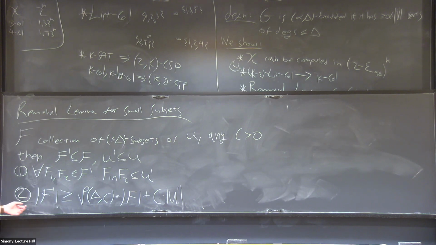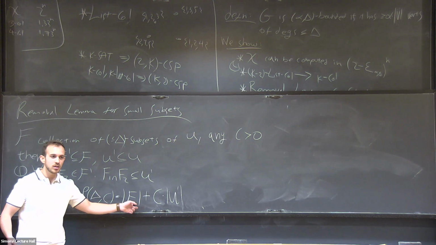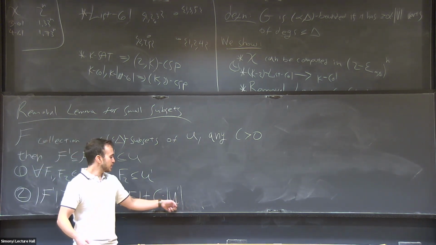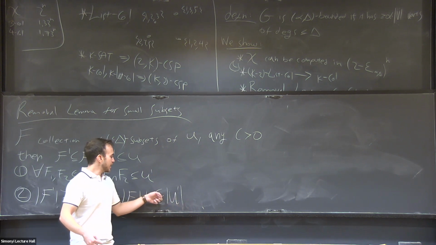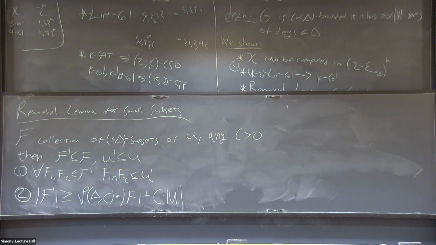Where large sub-collection means a constant fraction of the original collection, and a small portion of the universe means small by a factor as large as I want, compared to the size of the collection.